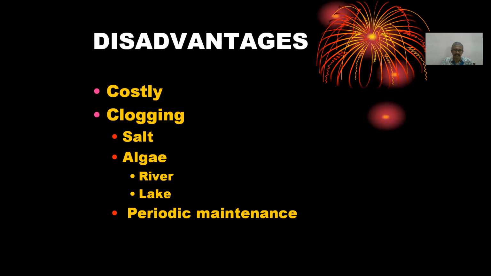But nowadays, both salt clogging as well as algae clogging can be removed. And if one maintains the drip irrigation well, one will be able to use the drip irrigation very well and manage these salt clogging and algae clogging difficulties.